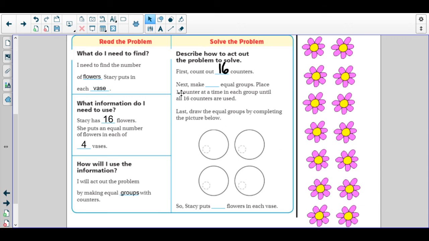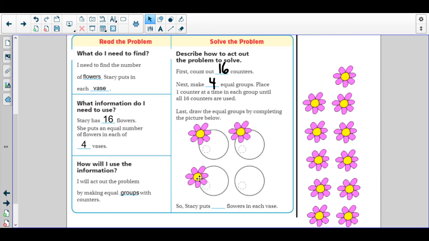Next, make 4 equal groups. Place 1 counter at a time in each group until all 16 are used. So we would go 1, 2, 3, and then 4.